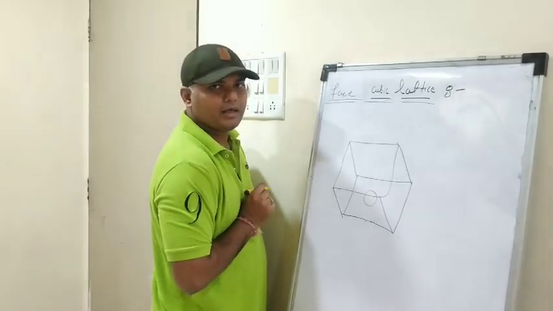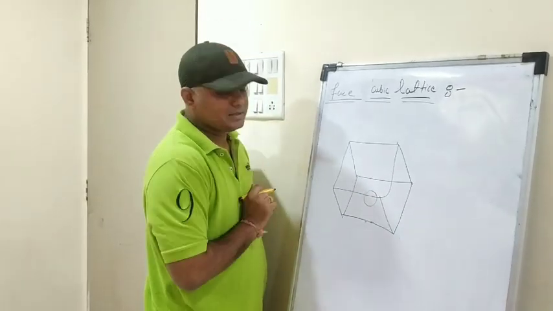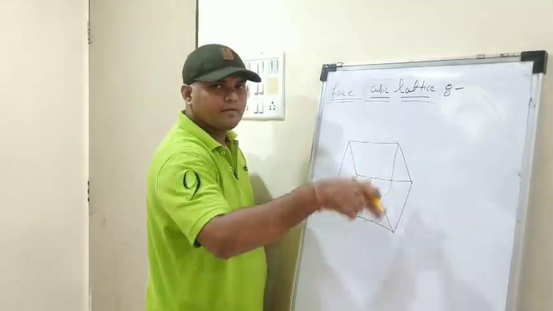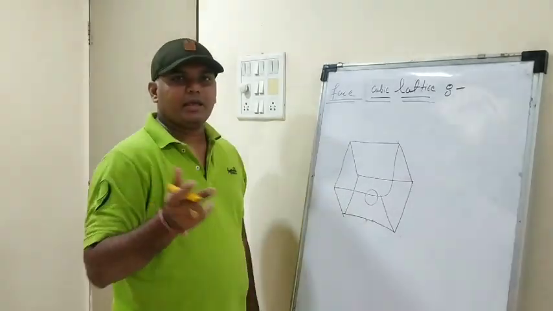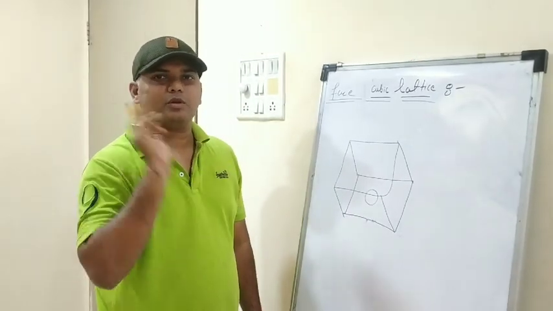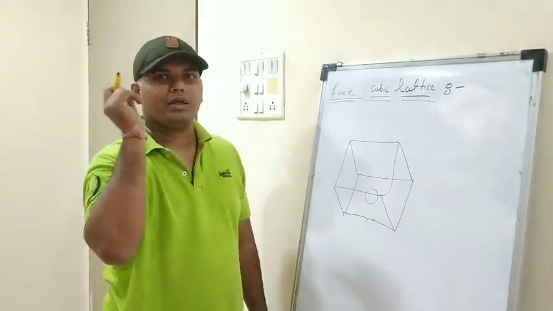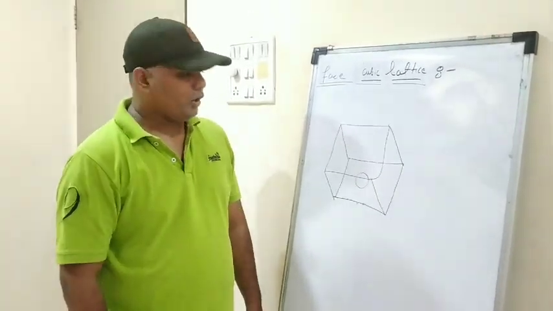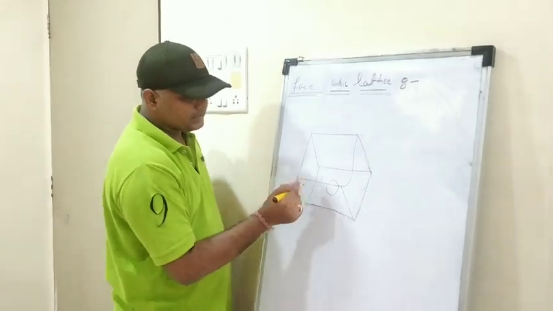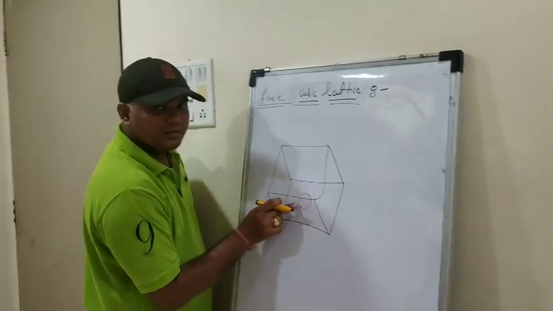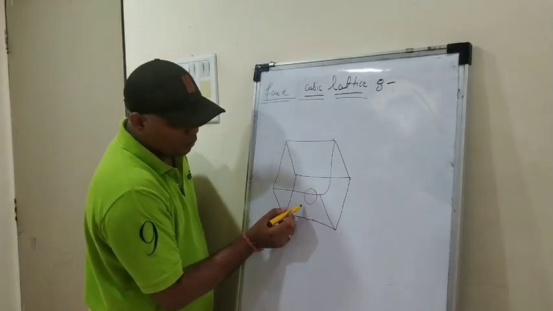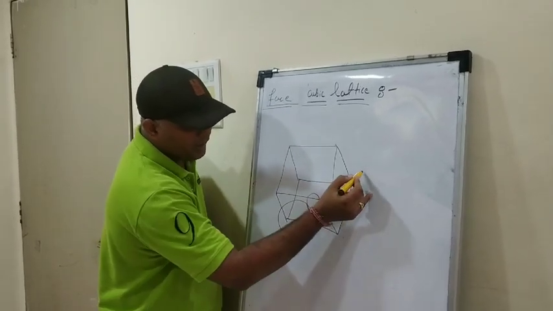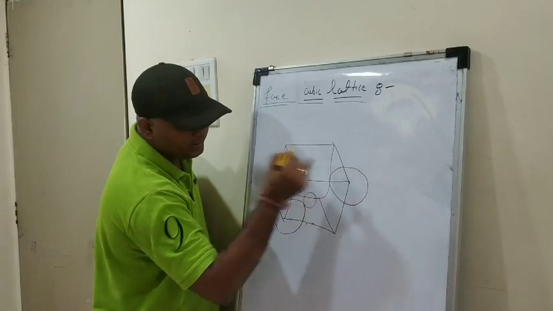So how many faces are there? Total 6 faces are present in the face centered cubic lattice, as this particular cube has 6 faces. Similarly, I gave you the example of this room. This room also has these 6 faces. One here, one this side, one top and one at the bottom. So here in this case, let's say this is one constituent particle in the middle, one constituent particle at the corner and one constituent particle at the corner, right?